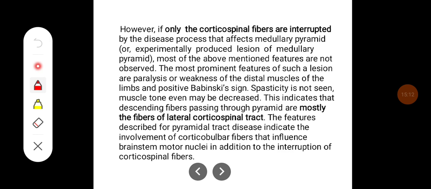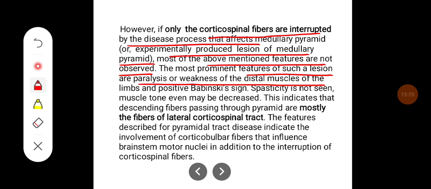However, if only the corticospinal fibers are interrupted by the disease process that affects medullary pyramid or experimentally produced lesion of the medullary pyramid, most of the above mentioned features are not observed. The most prominent features of such lesion are paralysis or weakness of the distal muscles of the limb and positive Babinski sign.